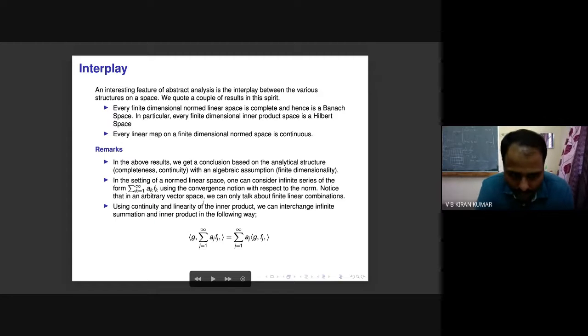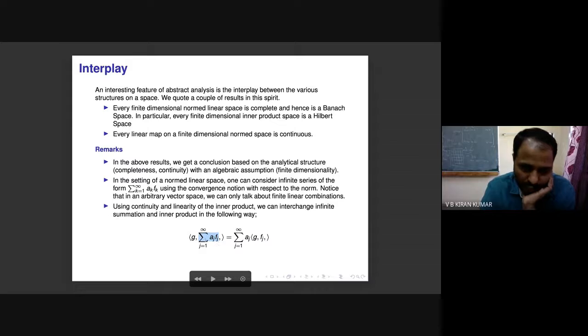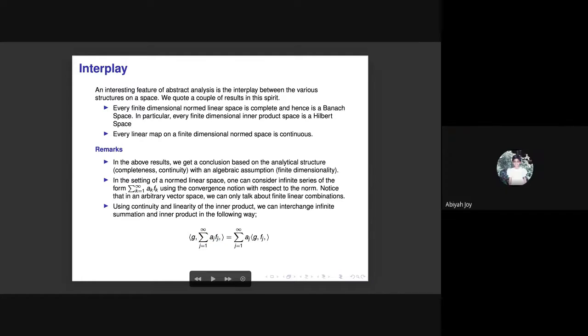Now another thing, you see the continuity and linearity of the inner product. Look at this inner product of g with an infinite linear combination. Now what happens? This is actually the limit of the nth partial sum. So can you see this? The second quantity, you can write it as a limit of the nth partial sum S_n, right? Yes or no? Yes, sir.